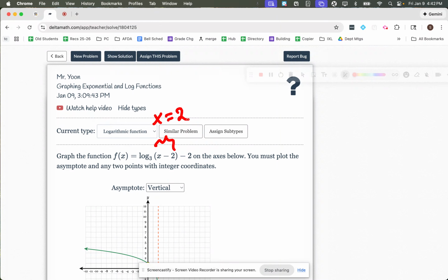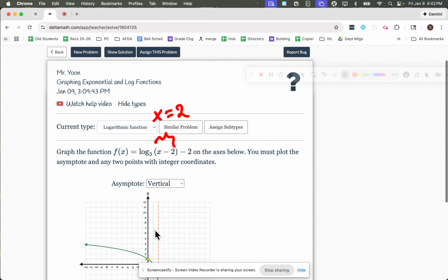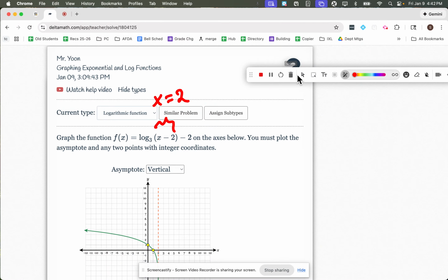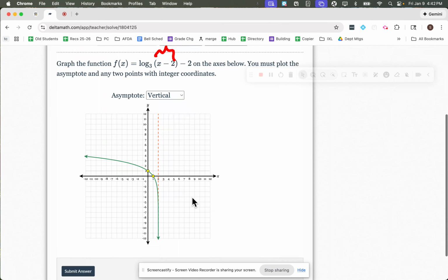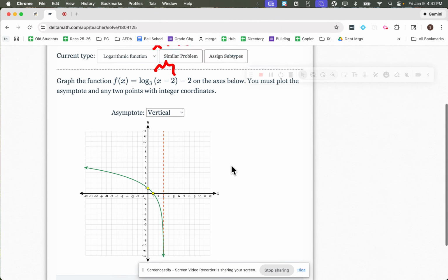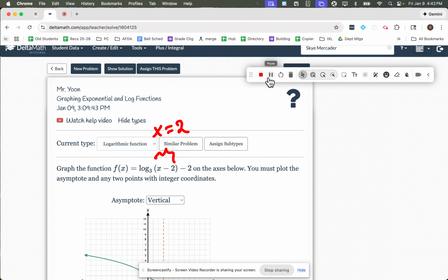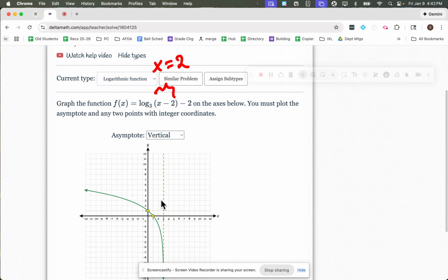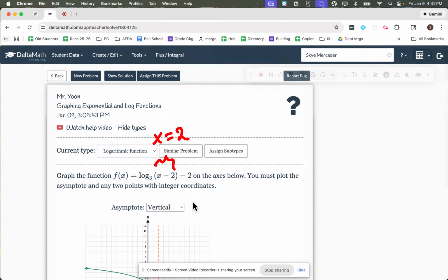There it is. That is the impossible. Oh, somehow we already are at 0. At 2 is what I meant. x equals 2. All right, so this is where our vertical asymptote is going to go. That's one of the most important things that you've got to get right.